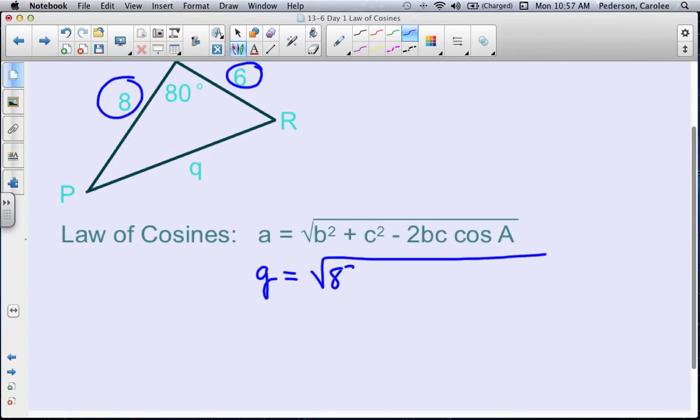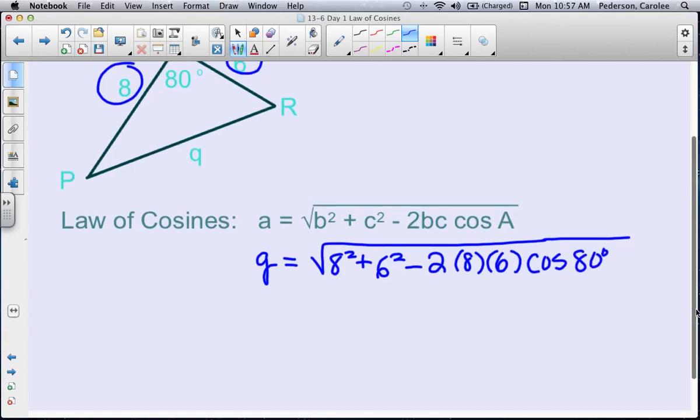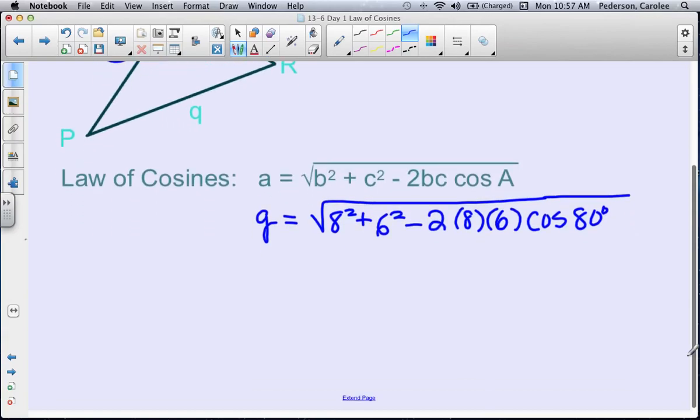So 8 squared plus 6 squared. Then you minus 2 times multiplying those two sides, 8 and 6. And then the cosine of Q, which is 80 degrees. And then we simplify that square root.